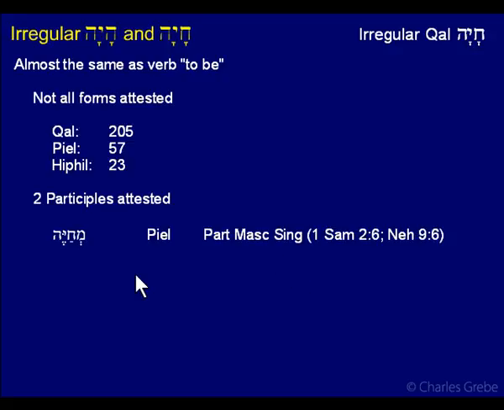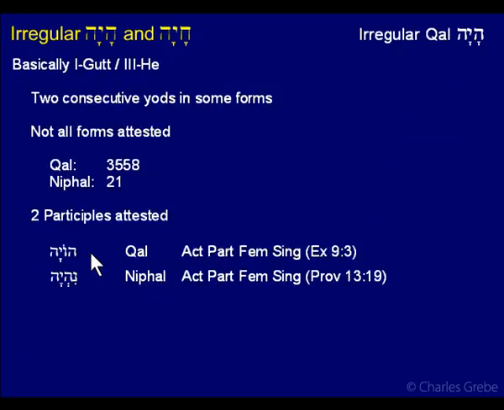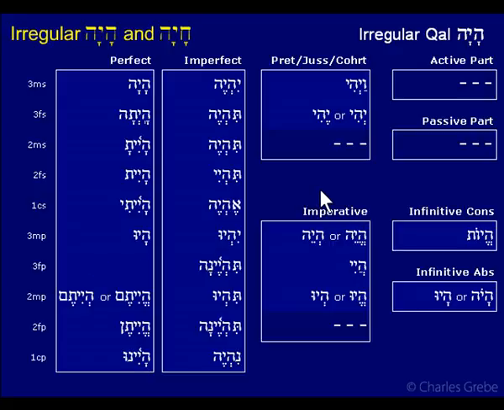Two occurrences of one participle, mechaye. It's a piel, and you can tell it's a piel because of this vocal shava at the beginning. Okay, so there you have it. The verb to be. It's something that you want to at least know where the paradigm is, so when you encounter it in the text, you can look it up and check to see what's going on.